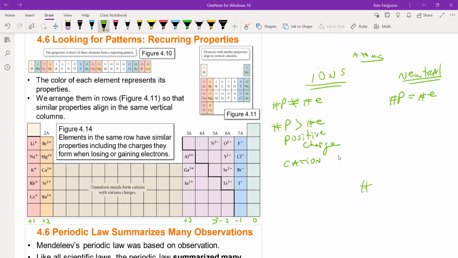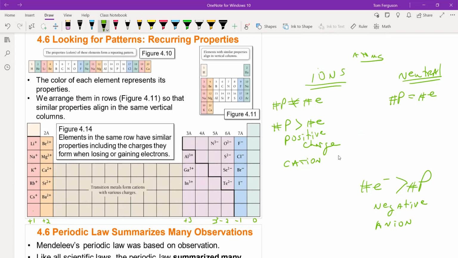If the number of electrons is greater than the number of protons, you're going to get the opposite charge, negative. The name of that is going to be an anion. These guys over here form anions, these groups here.